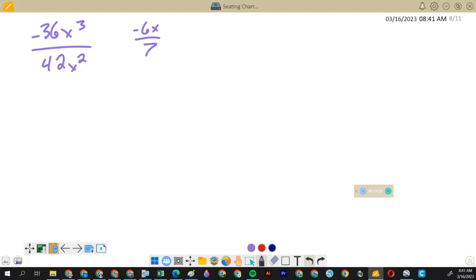And we have a hole at x equals 0. We have no VAs. We have a root at x equals 0. And we do not have an HA.